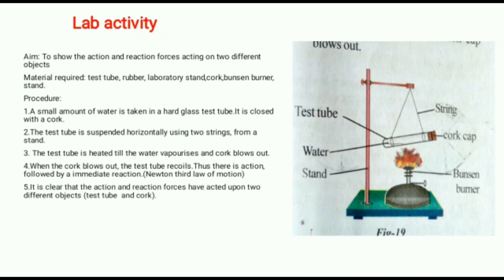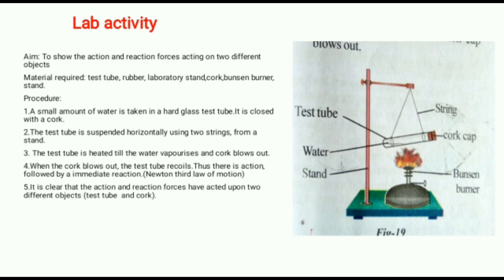Now heat the test tube with a Bunsen burner until the water vaporizes and the cork cap blows out. Observe the movement of the test tube when the rubber cap blows out.